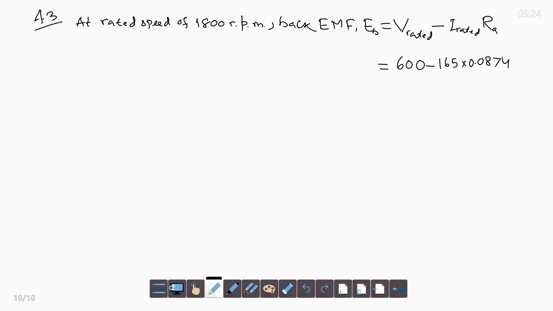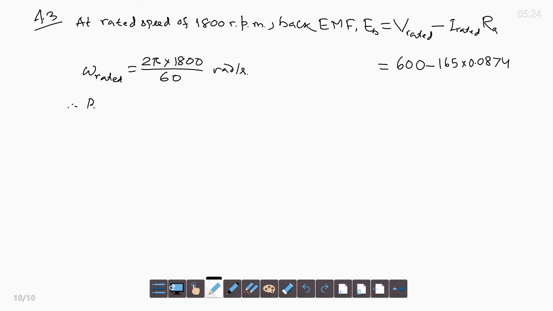From this, omega rated is 2 pi into rated speed 1800 RPM by 60, in radian per second.